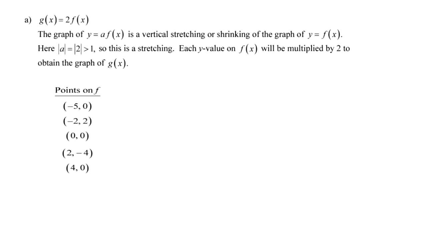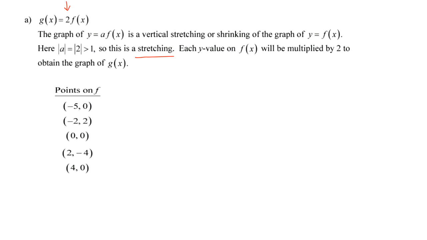So when I'm stretching the graph, the first one is a stretch. So the number multiplying in front is a 2, greater than 1. So I'm going to stretch it. And to stretch a graph, I need to take the points from the original one and multiply each y coordinate by 2.